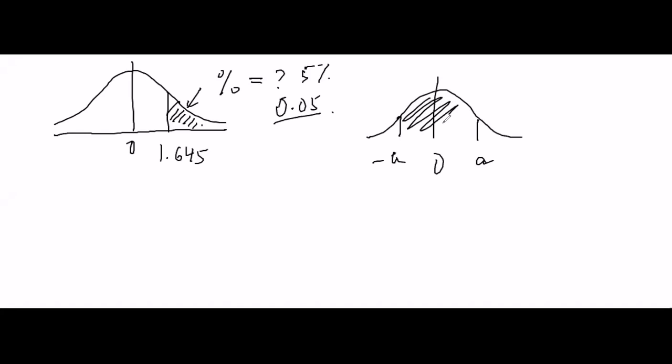So this part here takes up 99%. So what are these two values? Anybody? So this would take up 0.5%, right? Same here, right?